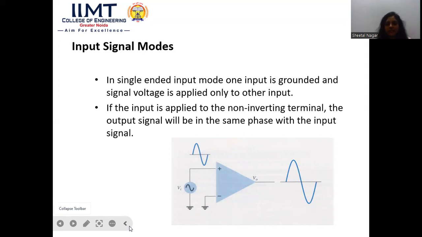Means in this case, when we apply a sinusoidal input signal at the non-inverting input terminal, we will get an amplified output, but this output will be the same in phase with the input signal.